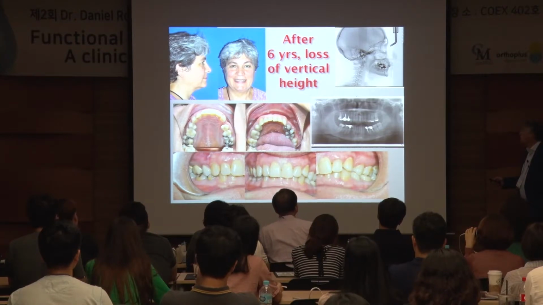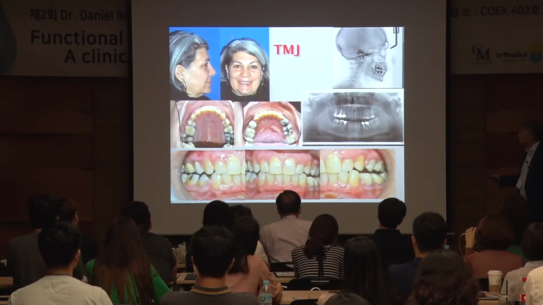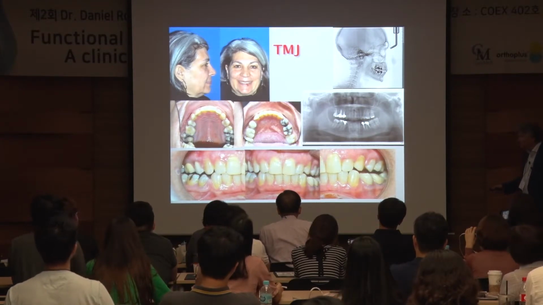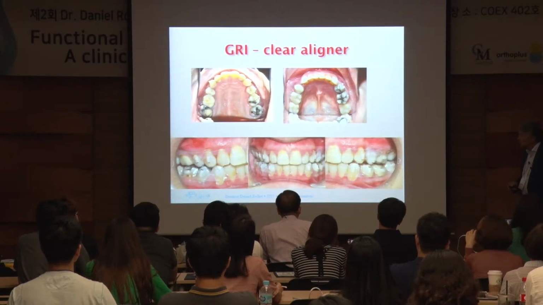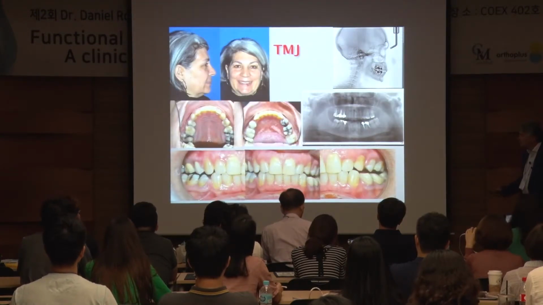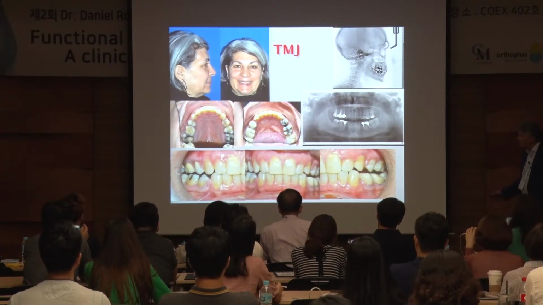So I accepted to treat the TMJ at first. We can see what we obtain only with TMJ. I used EFTMJ only, and the pain was resolved and the posterior area changed, it can be seen. But we have a problem with occlusion. We have to rebuild the posterior occlusion here.